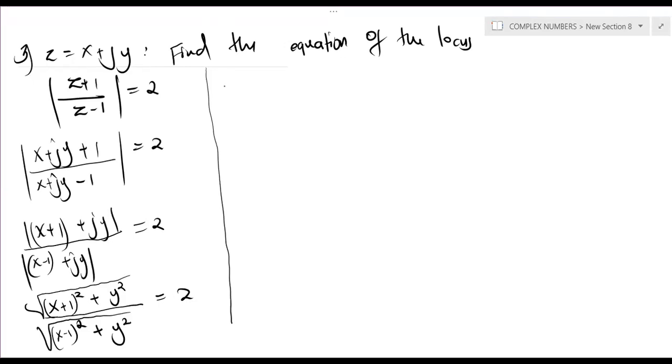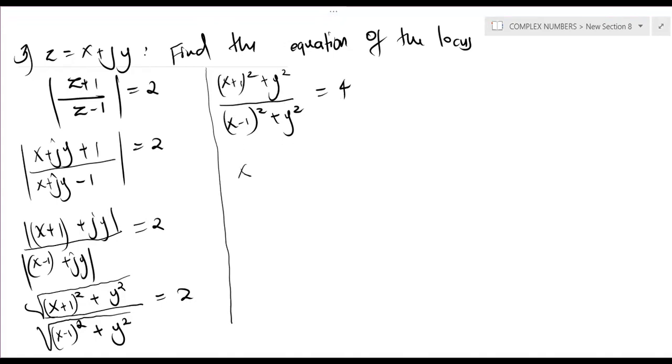So squaring both sides, we will have (x plus 1) squared plus y squared over (x minus 1) squared plus y squared is equal to 4. Okay, so simplifying this, I'll cross multiply this on the other side and then open the bracket.